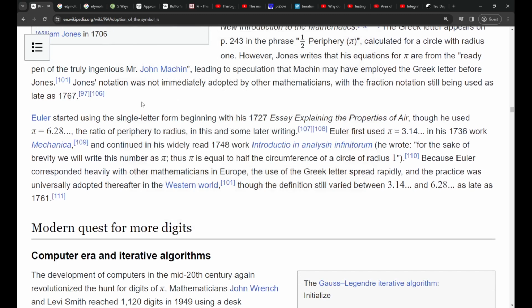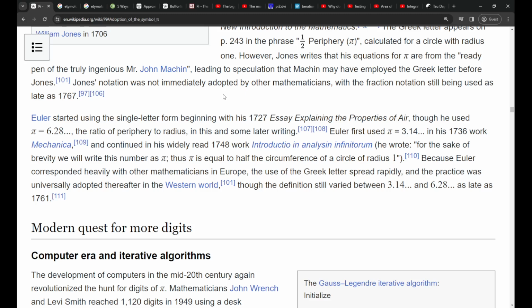Leonard Euler started using the single letter form beginning with his 1727 essay explaining the properties of air. Although he used pi equals 6.28, which is what we call 2 pi now, the ratio of periphery to radius, or circumference to radius, and in this and some later writing.